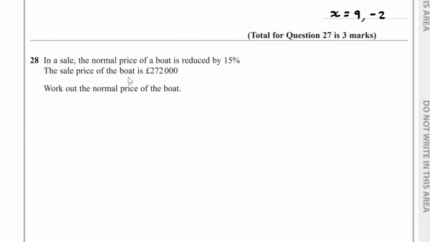Question number 28. In a sale, the normal price of a boat is reduced by 15%. The sale price is £272,000. We have to work out the normal price.